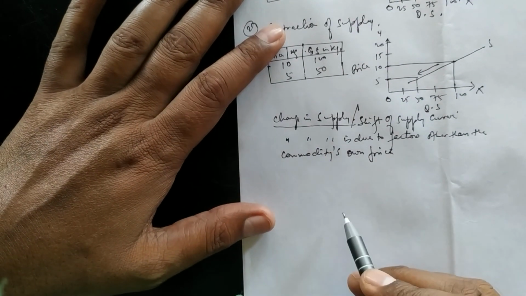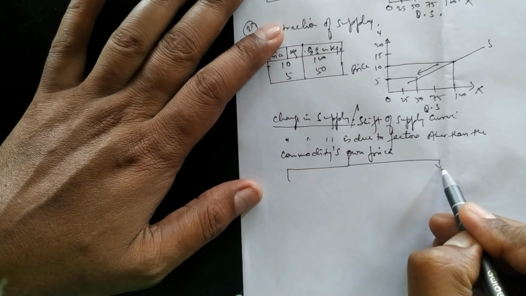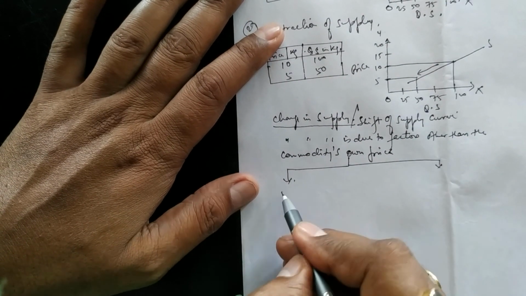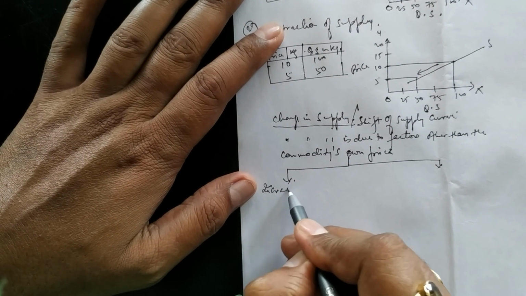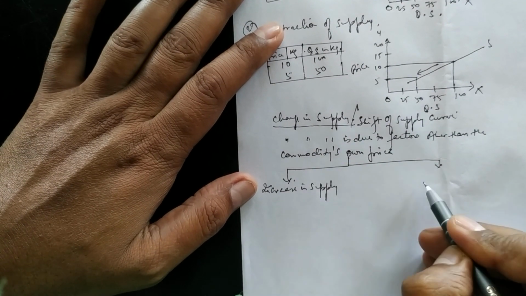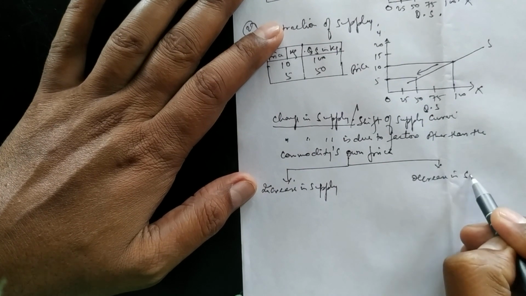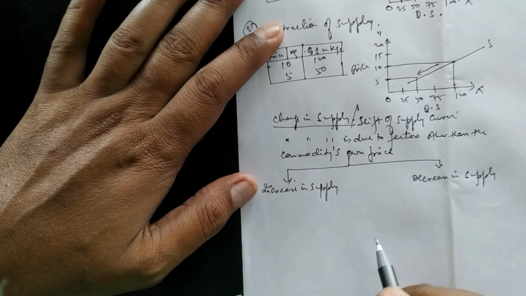Now, this is also of two types. Alright, first one, increase in supply. This is decrease in supply. Clear?